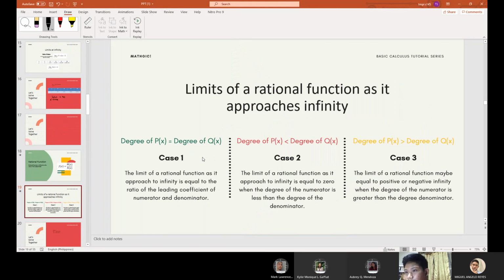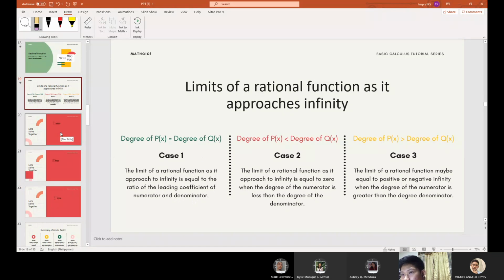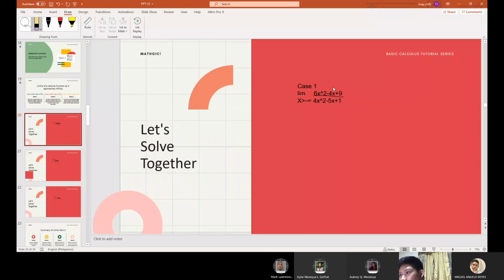The first case is that the limit of a rational function as x approaches infinity is equal to the ratio of the leading coefficients of the numerator and denominator. I have an example for that. My example is the limit of 6x squared minus 4x plus 9 over 4x squared minus 5x plus 1.